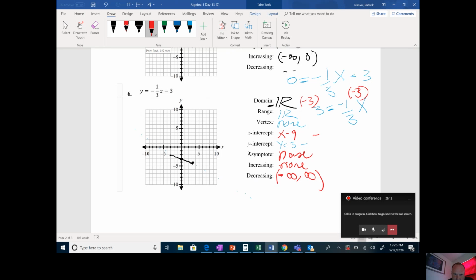As we move from negative infinity to positive infinity, each y is decreasing.